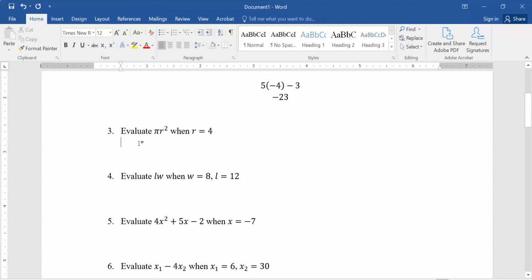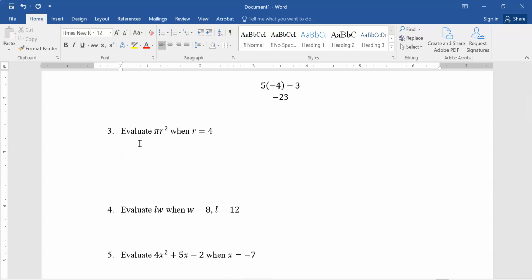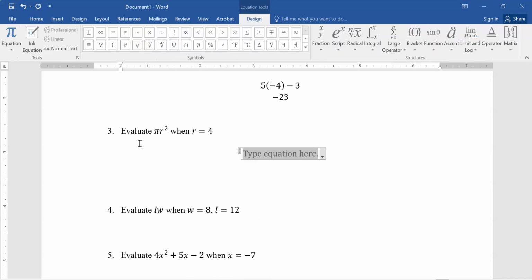All right, we come to the third problem, and the third problem is kind of an interesting one in that we have pi in it. All right, so pi r squared, we have 4 as our r in this case. So pi times 4 squared. Now, hopefully you've seen pi before.